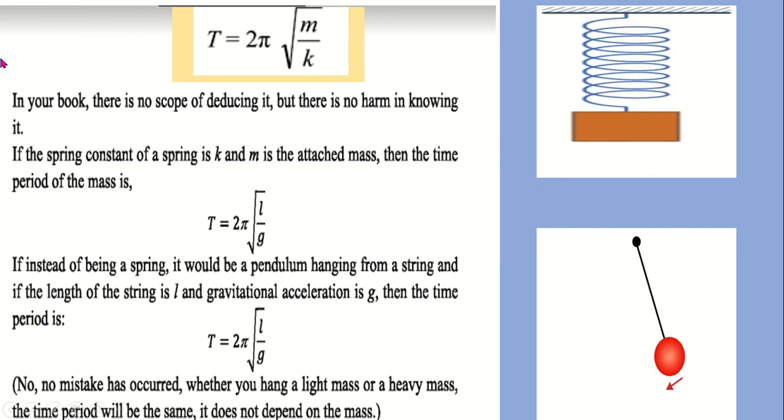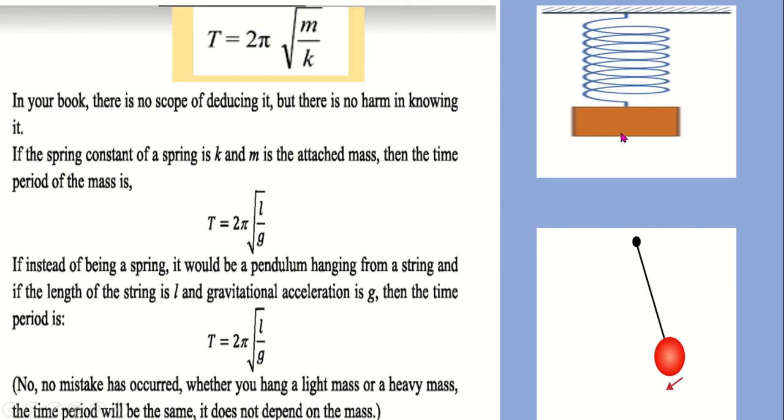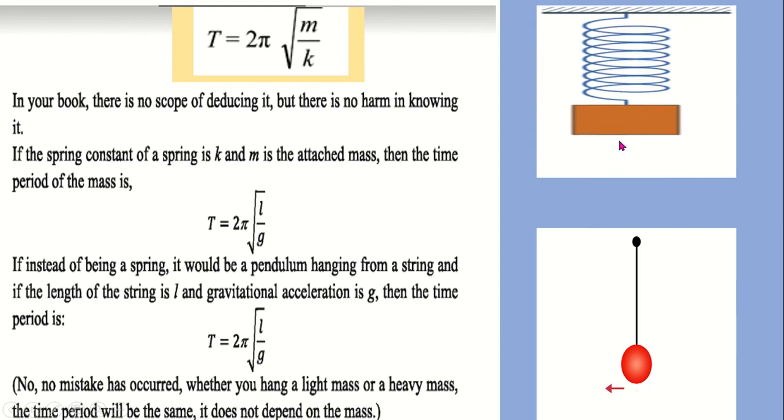So here, if the spring constant of a spring is k, look here, k is the spring constant and m is the attached mass. A mass is attached to the spring. So the attached mass is m and the spring constant is k. Then the time period can be found by this formula, T equal to 2π root m by k.